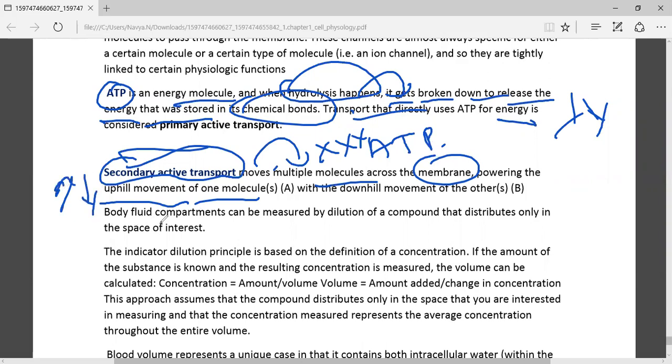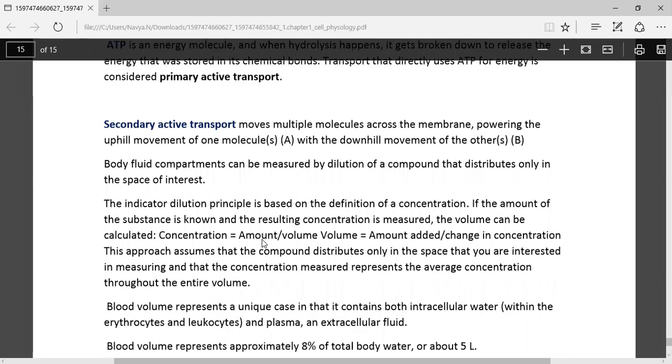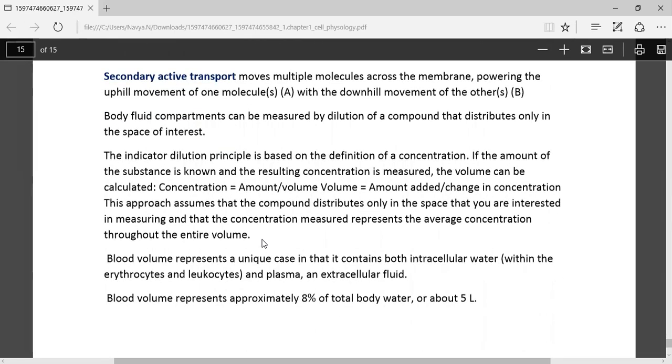Now the body fluid compartments. These can be measured by the dilution of a compound that is distributed only in the space of interest. The indicator dilution principle is based on the definition of concentration.